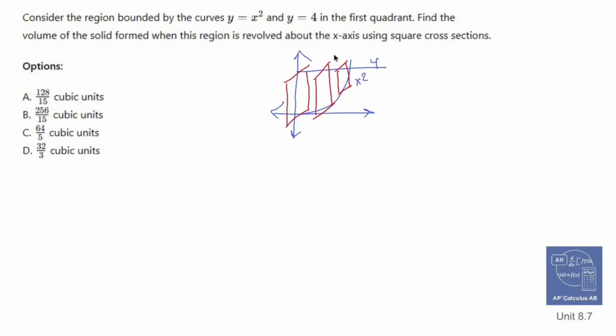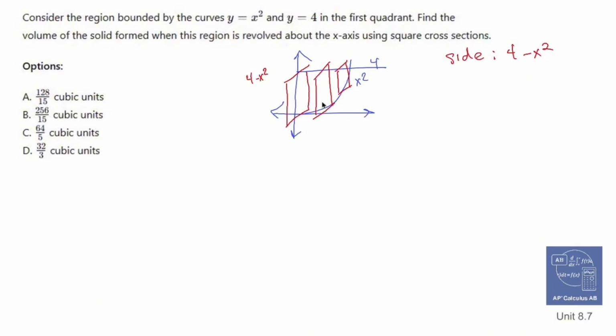Now these are squares, and whatever the height is between these two curves is also going to be the length. So if we're looking at 4 and x squared, the length of each side is going to be 4 minus whatever x squared is at the moment. So the side length is 4 minus x squared.